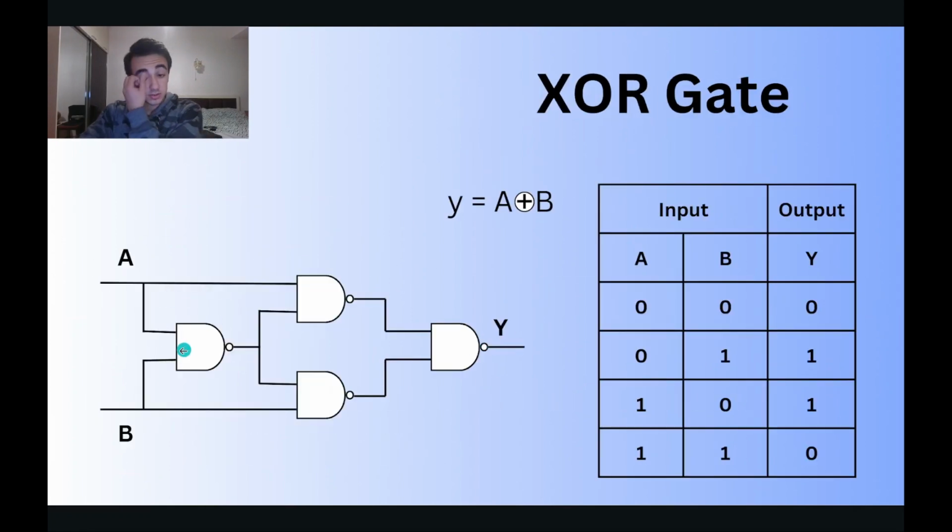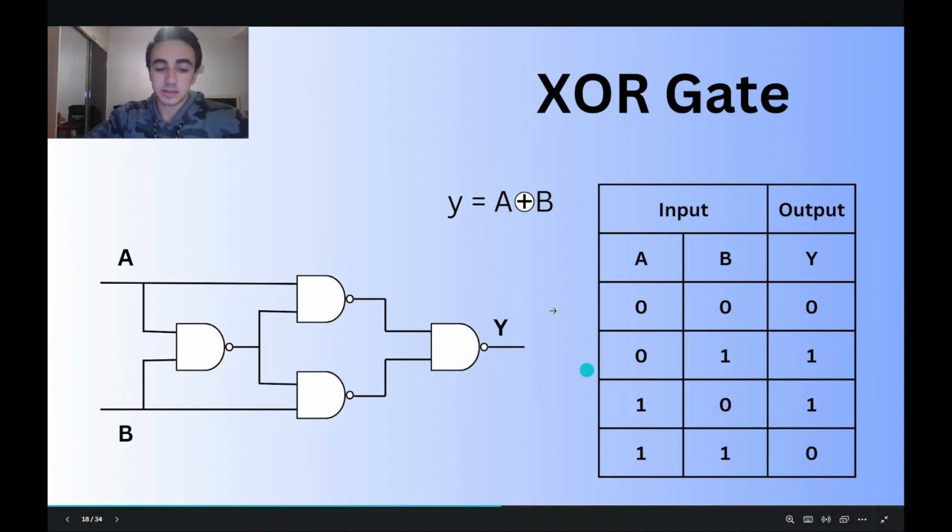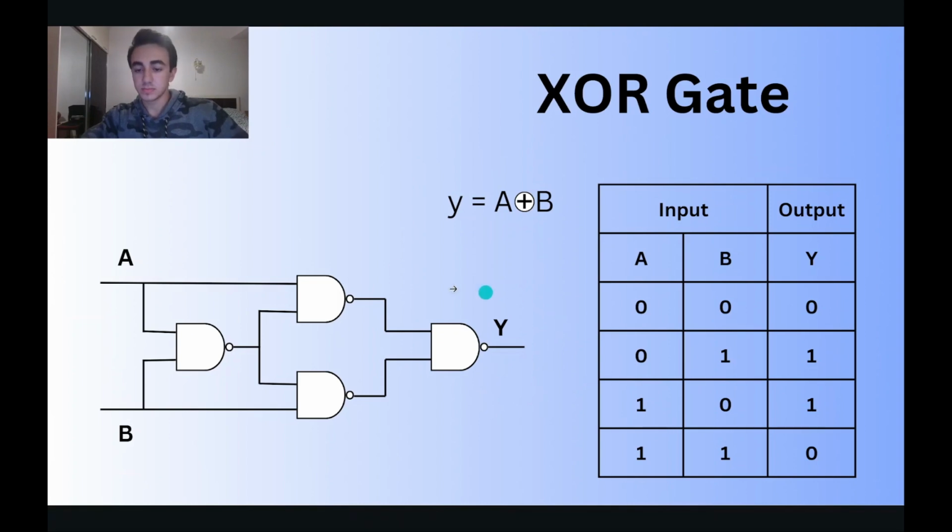So here, the XOR gate. We recall that this is the truth table, and let's review each case and see that this configuration is true for the XOR gate.